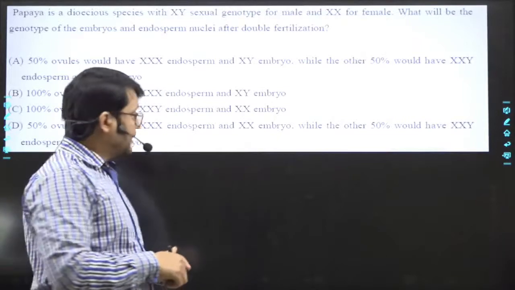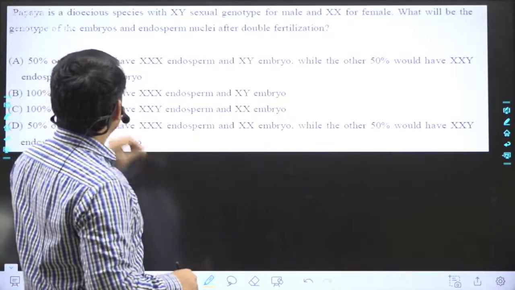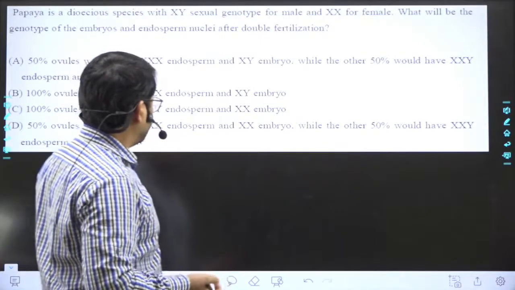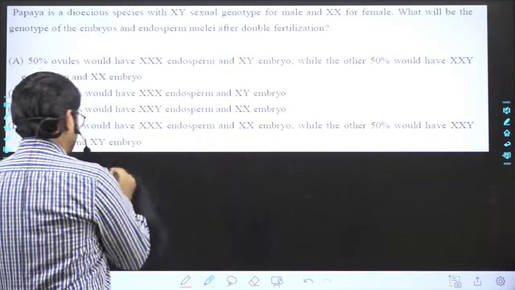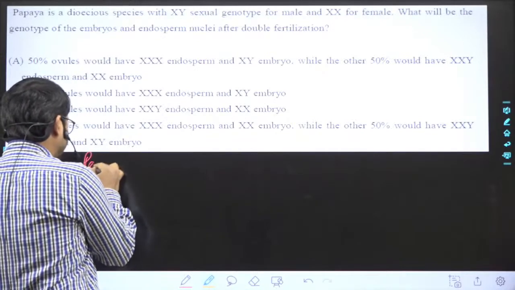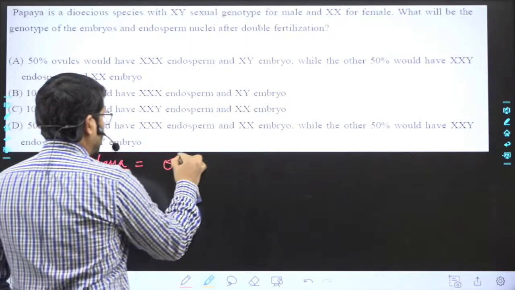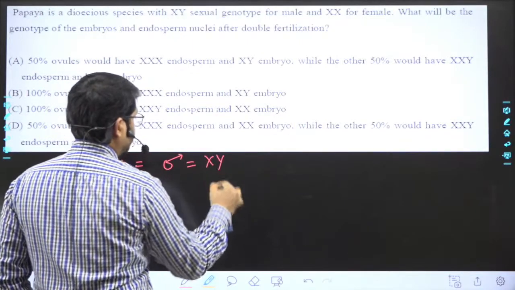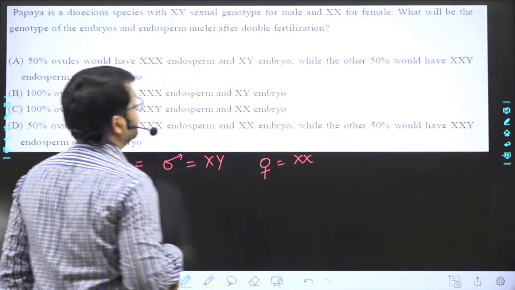The next question is, again, a very good question. It says, papaya is a dioecious species with XY sexual genotype for male. Okay, तो हम यहाँ पे बात कर रहे हैं papaya की. And we are saying the male tree has XY and the female tree has XX.